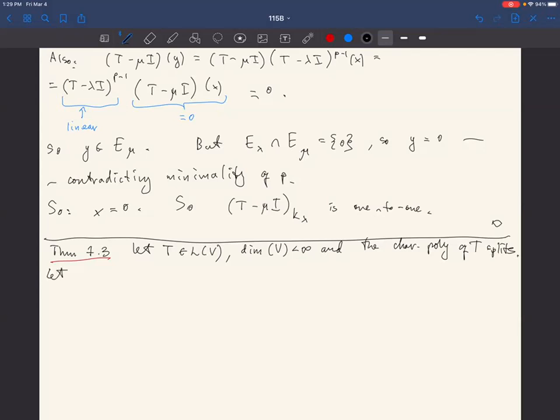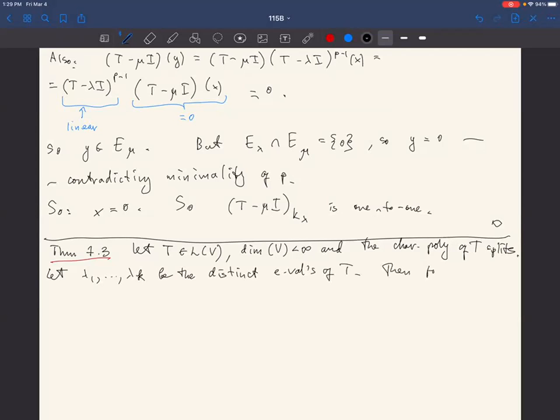So then let lambda 1 through lambda k list the distinct eigenvalues of T.